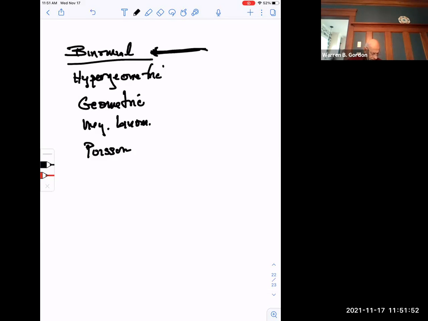I wouldn't go beyond problem number 13 in section 2.12 right now.